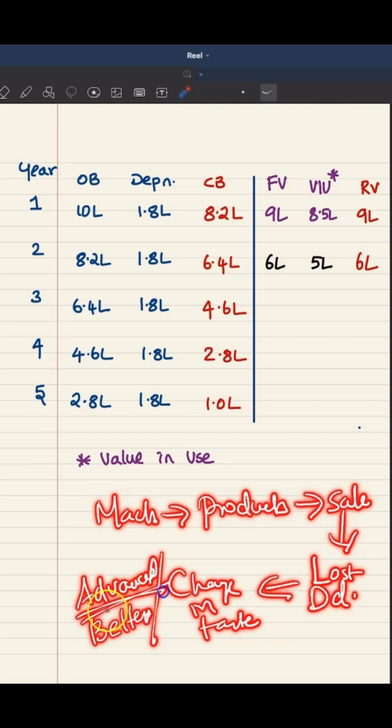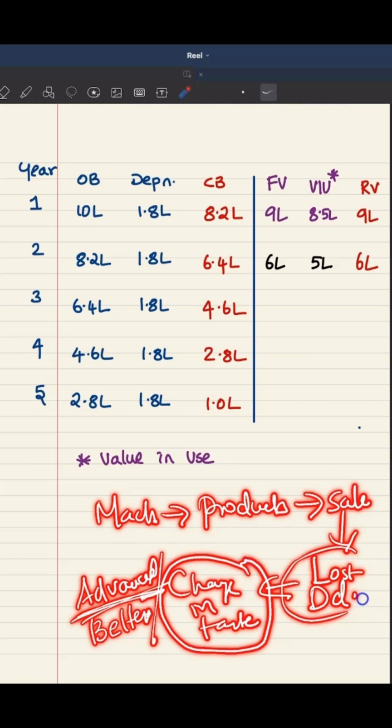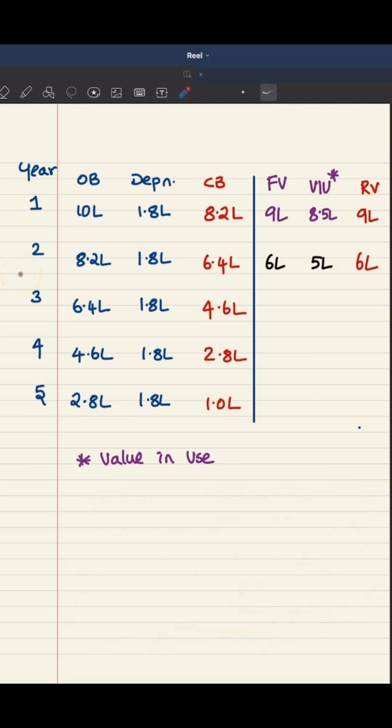So there is a advanced or better machinery, and that started releasing different products or competitive products, and because of that, the products produced by this company lost its demand. So when the product itself is not fetching any value, do you think that machinery will fetch any better value in the market? No. Obviously it will come down now, and in future it will go down very drastically.